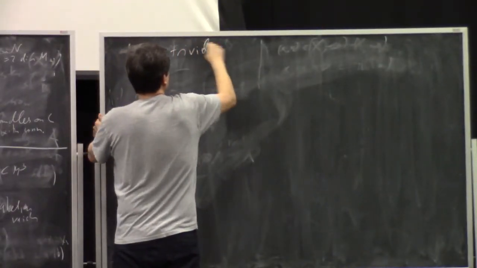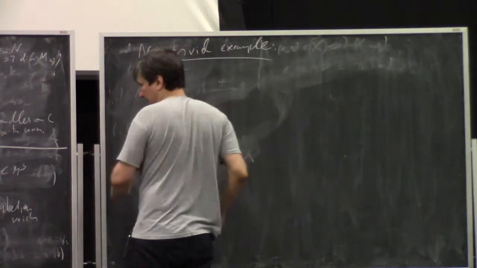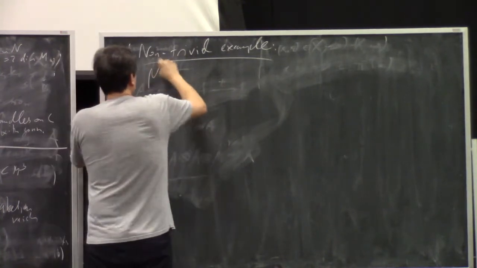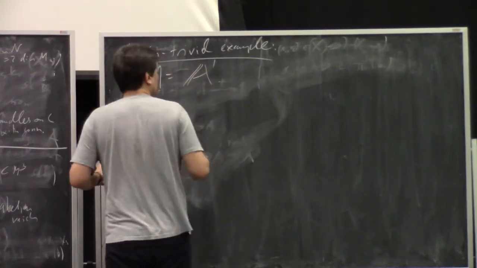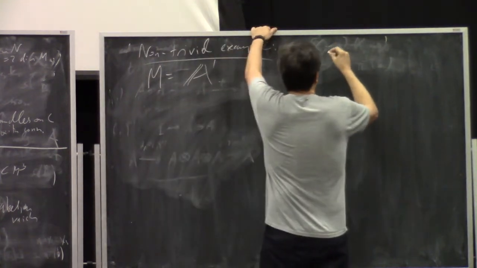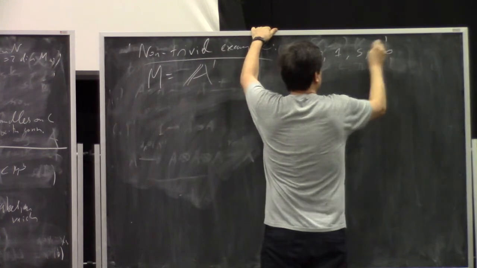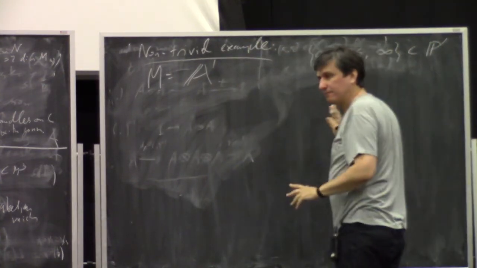Trivial example. M will be just an affine line. So it depends on... In fact, it's related to 4 points on P1.